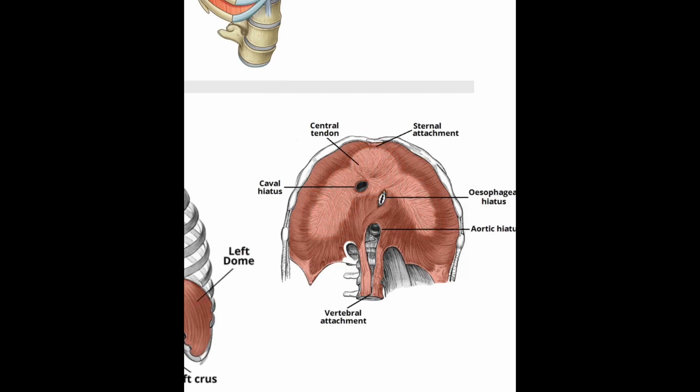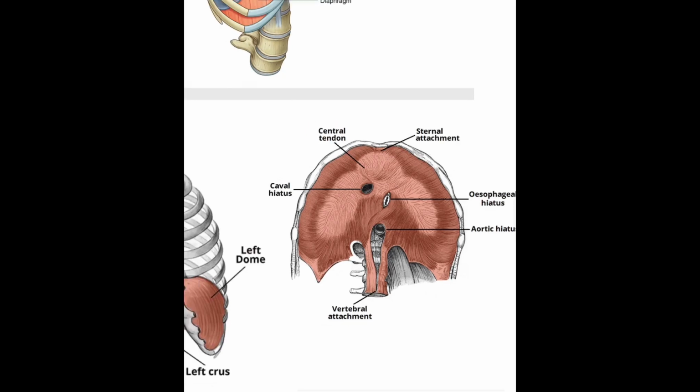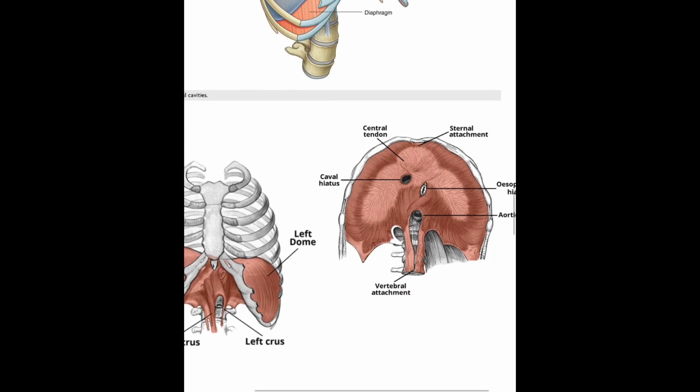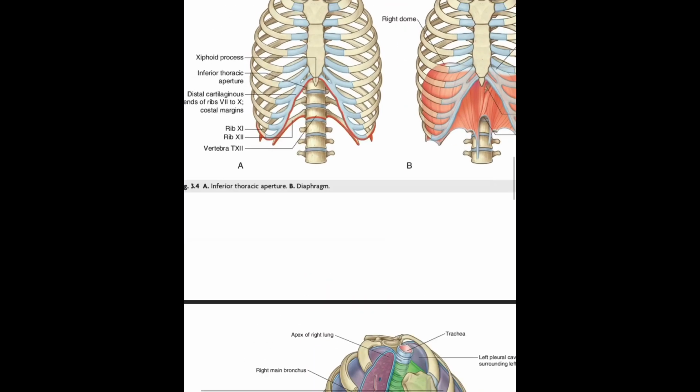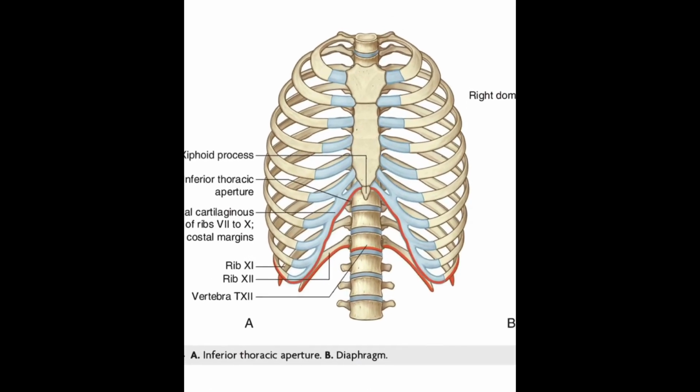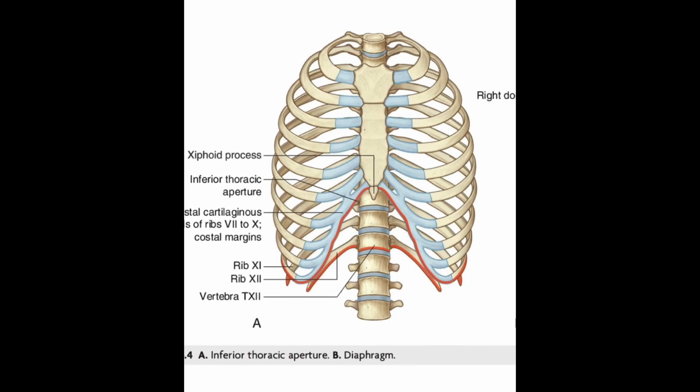Let's discuss the origin of the diaphragm. The origin of the diaphragm is divided into three parts: sternal, costal and vertebral. The vertebral part arises by means of right and left crura of the diaphragm and arcuate ligaments.